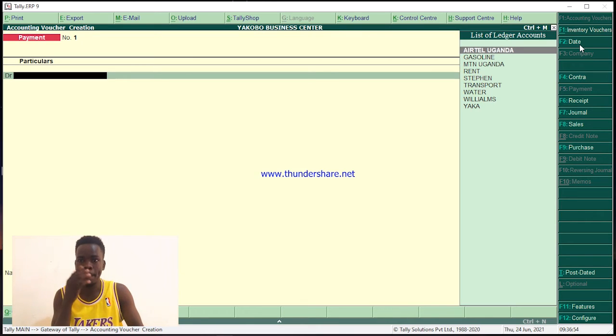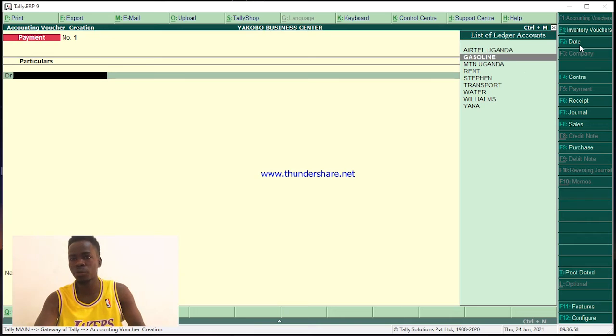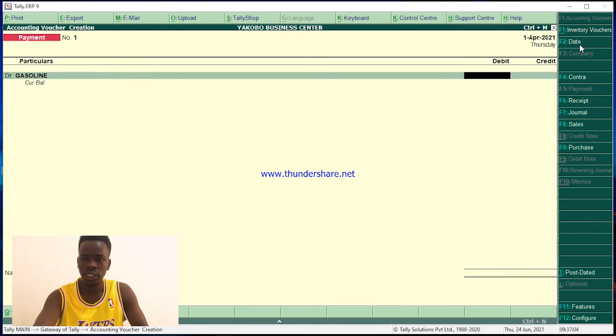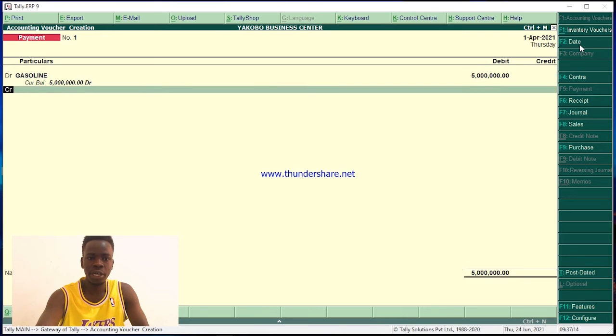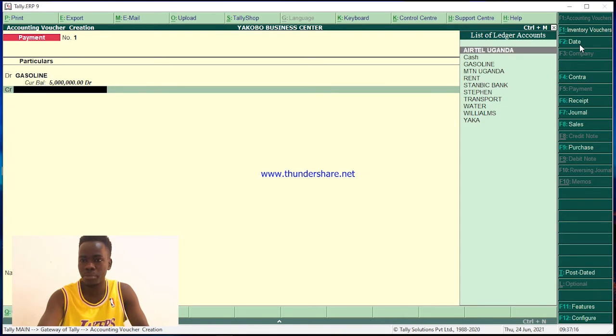The first thing we're going to pay here is gasoline. The amount we have given here is 5 million. So 5 million we are going to pay using Stanbic Bank.